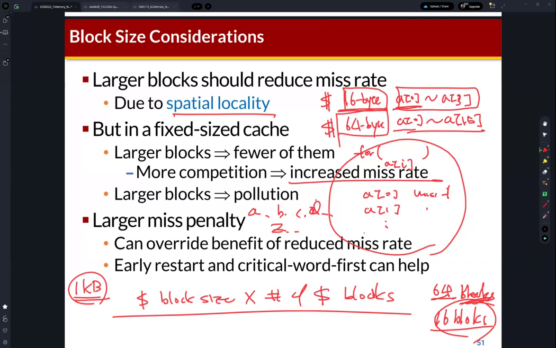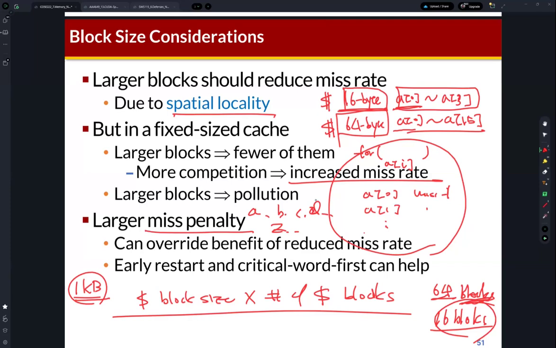Okay. So cache miss rate or cache hit rate are highly influenced by the characteristics of applications, actually. Also, if we increase the cache block size, then the miss penalty is also increased.